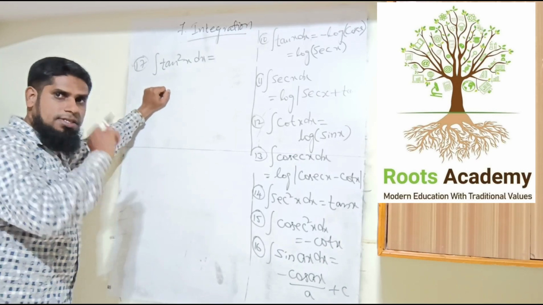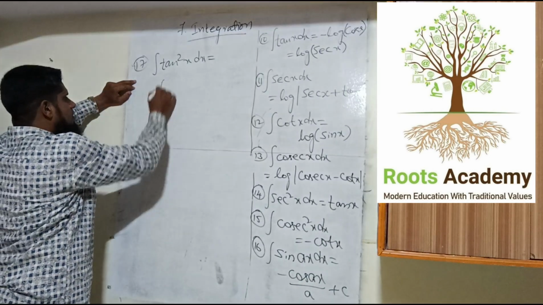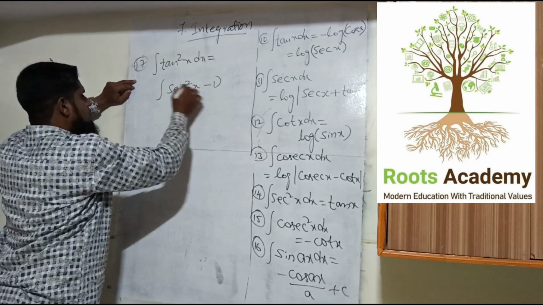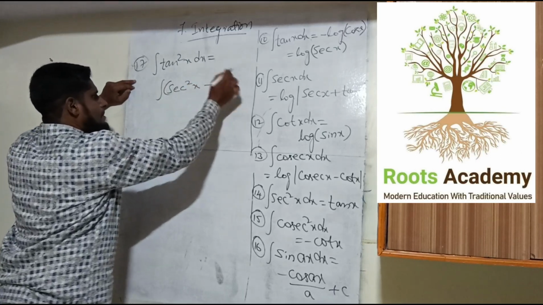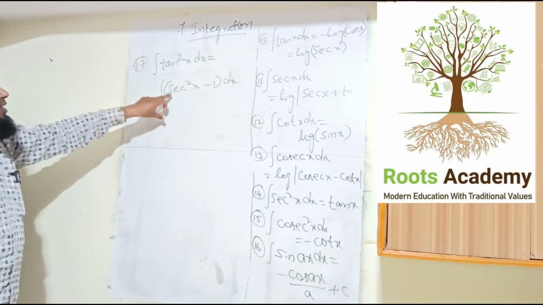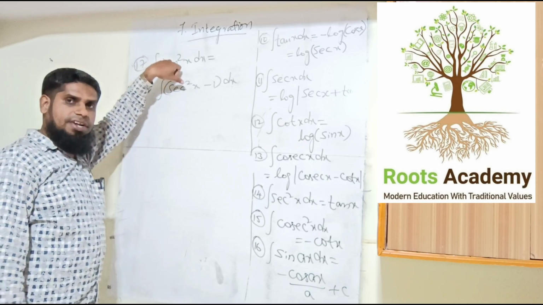One of the identities says that tan square x is equal to secant square x minus 1. Now we can easily integrate this instead of this, because we don't have direct integration for tan square x.